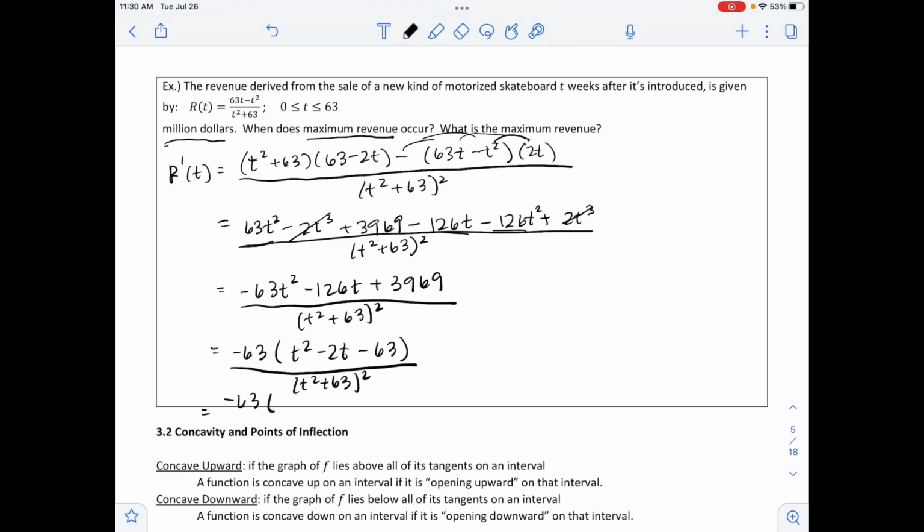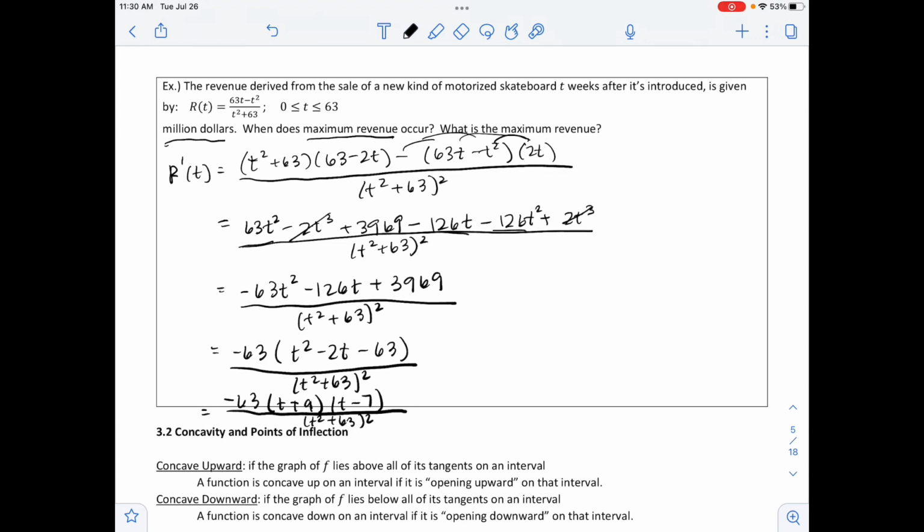And using guess and check to factor this, what multiplies to negative 63 would be 9 and 7, with one of those being negative. The larger term does need to be positive since it is a positive 2 in the middle. And so we have t plus 9 and t minus 7 all over that same denominator of t squared plus 63 quantity squared.